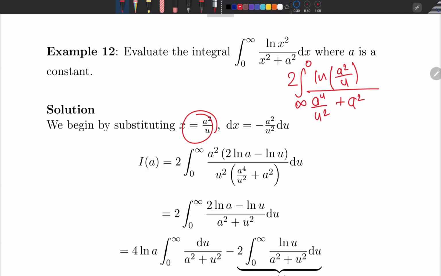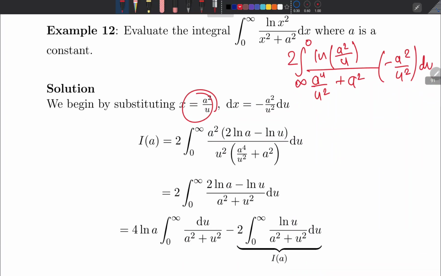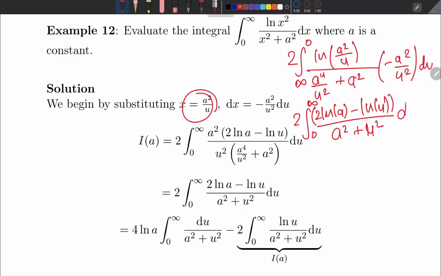And we have the derivative factor as minus a squared over u squared du, and the minus helps us change the bounds. So we have 2 times the integral from 0 to infinity of 2 times the natural logarithm of a minus the natural logarithm of u, over a squared plus u squared du.